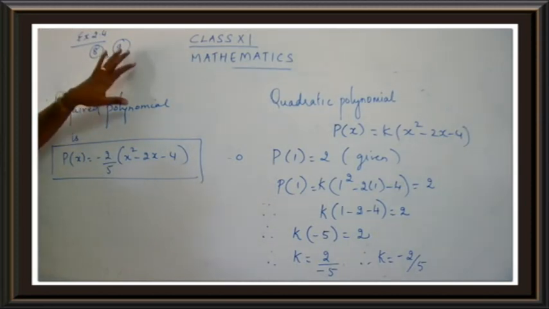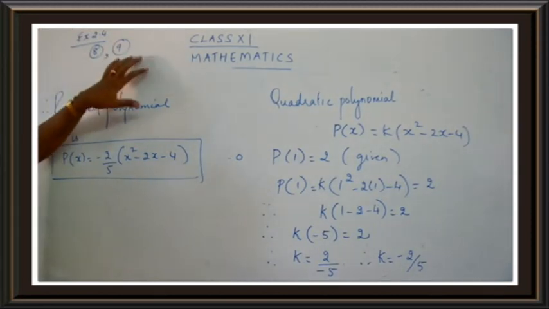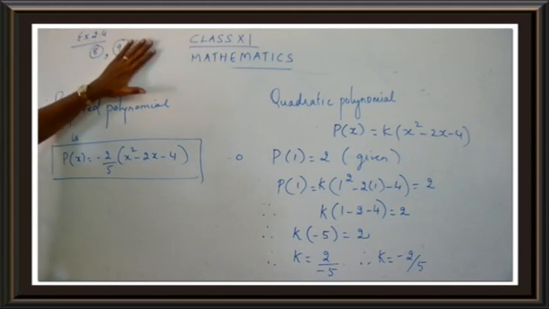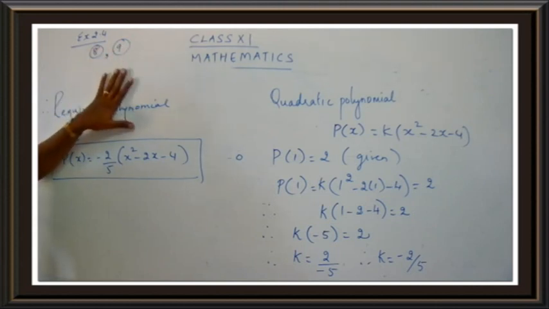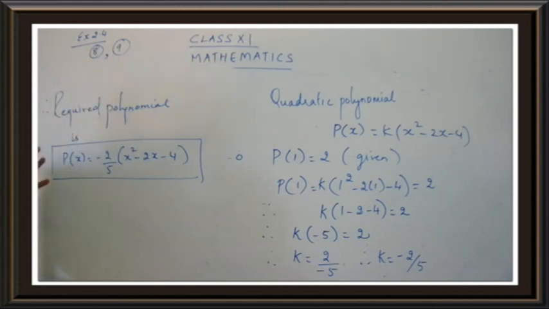Yes, children? So for the 9th sum, again you have to find out delta, b square minus 4ac. Check for the condition, whether it is positive, negative or 0, and accordingly you have to answer. If it is greater than 0, how about the parabola? It intersects the x-axis at 2 points.